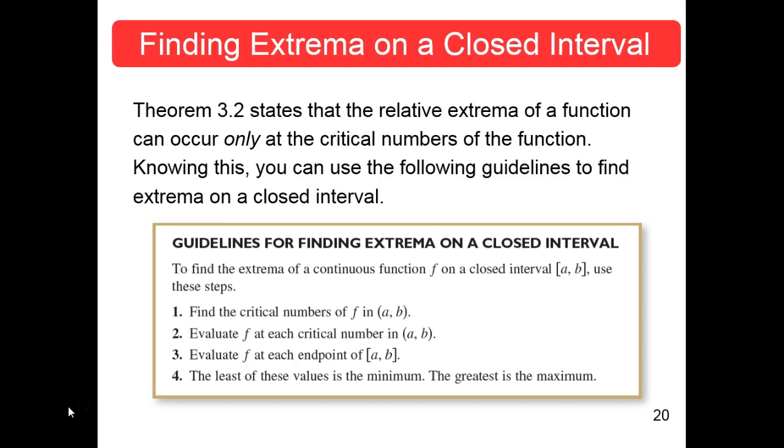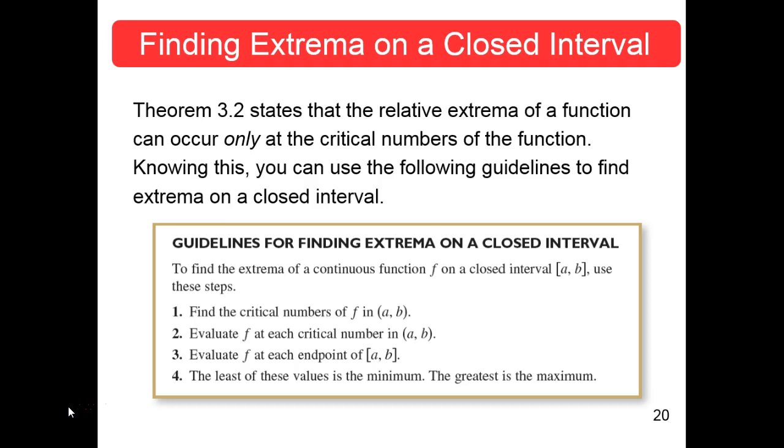Knowing this, you can use the following guidelines to find the extrema on a closed interval. This time you're counting the endpoints. So what's going to define the extrema on that closed interval? Well, they could be a critical number, because that's going to be a relative maximum or minimum. So to find the extrema of a continuous function on a closed interval a to b, here are the steps.